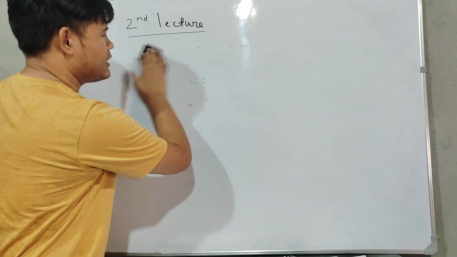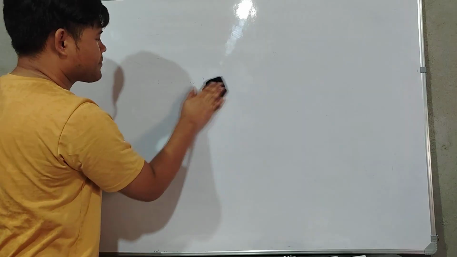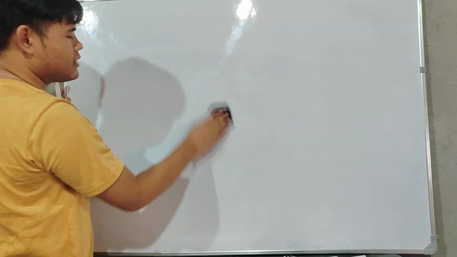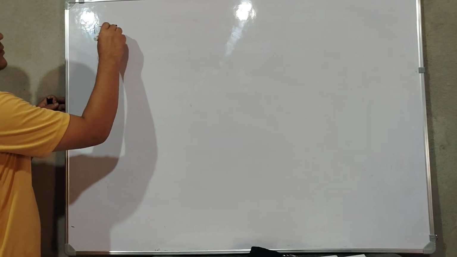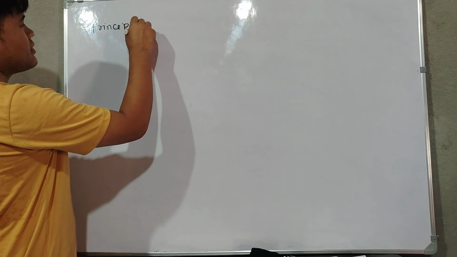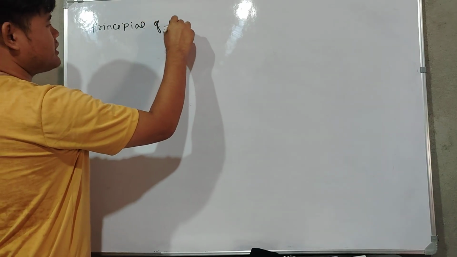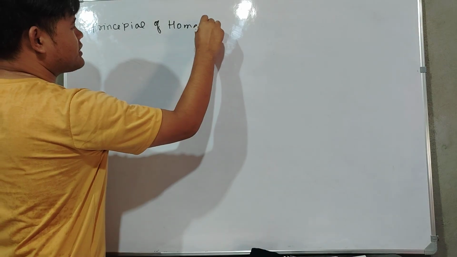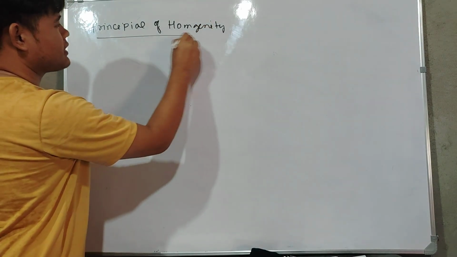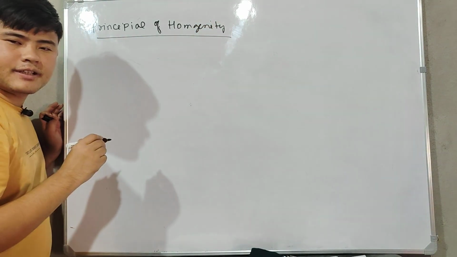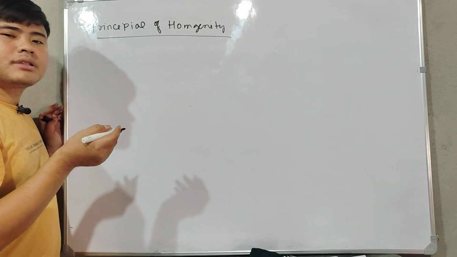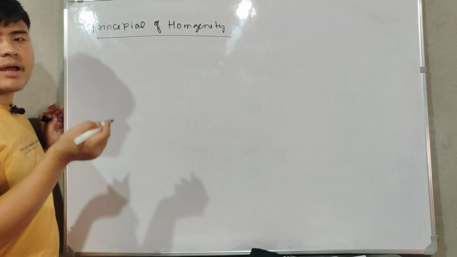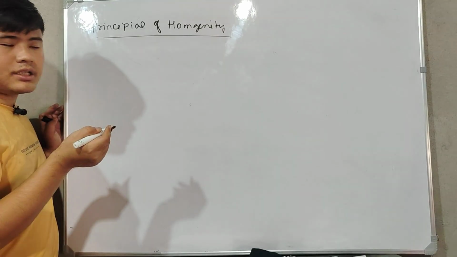The first principle is the principle of homogeneity. What does this principle tell us? This principle tells us that every term in the equation should have the same dimensions.